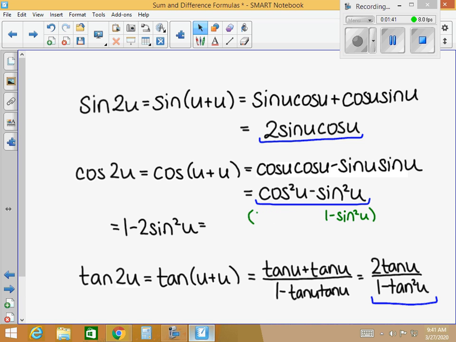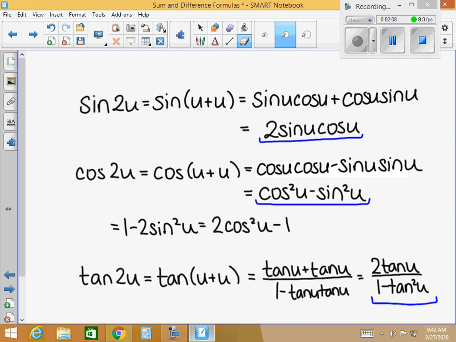Or similarly, if I come over here, then I recognize that sine squared of an angle is 1 minus cosine squared of that angle. And because of that minus sign out in front of it, the minus and negative becomes a positive. I can write that as 2 cosine squared u minus 1 if I'd rather.